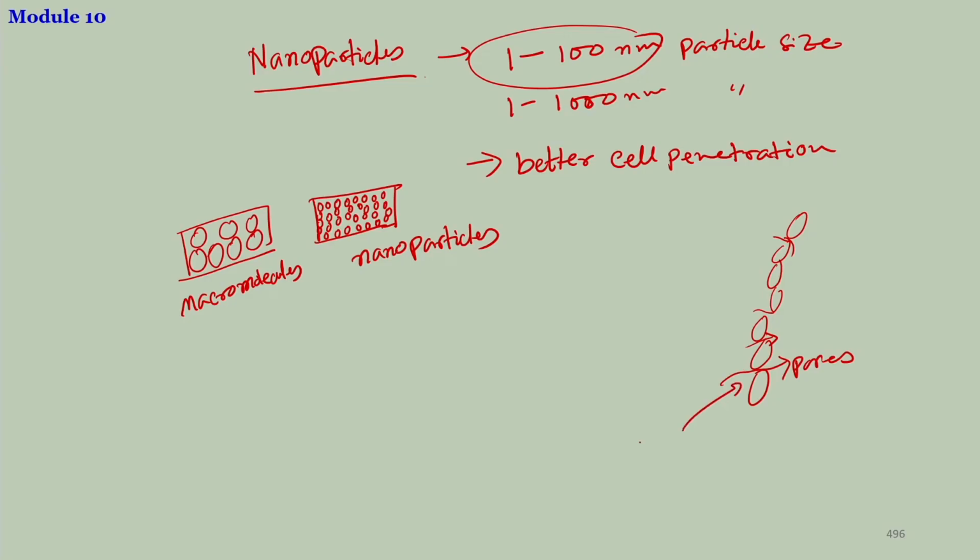So, now the nanomaterials, or I call them nanoparticles now, can go through the pores, they can make their way through the pores into the cells, because they are so small that the cells cannot see that something is getting into it. So, you can take the nanoparticles inside the cells quite easily if the size is less than 100 nanometer.